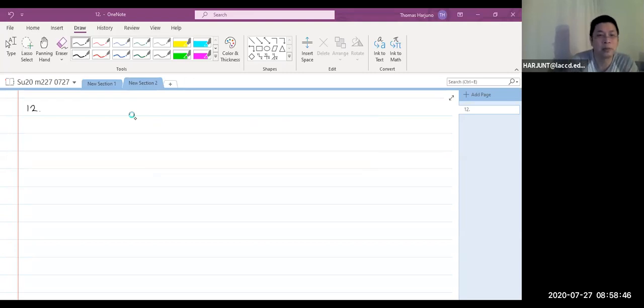I somehow think it's chapter 11. Let me check. Yeah, inference on two samples. Okay, so what we do here is 11.2. That's hypothesis testing.